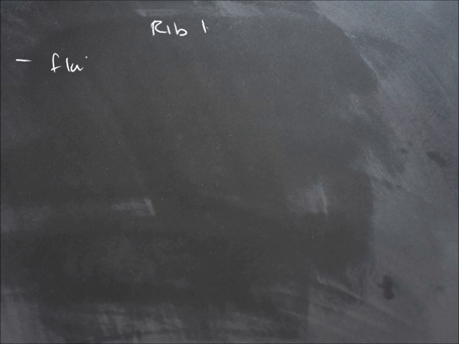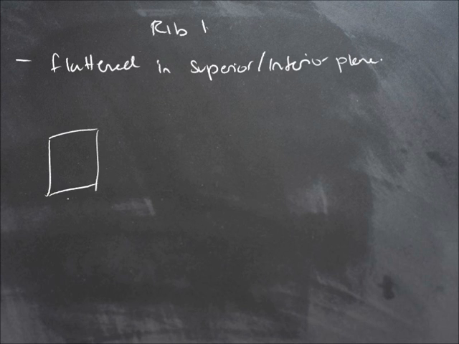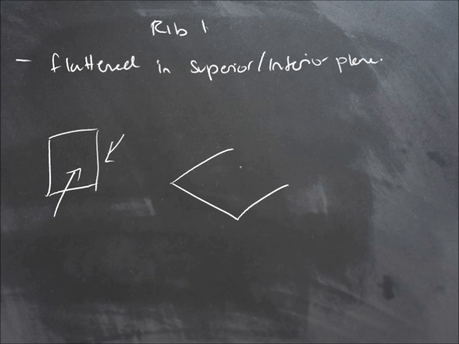This rib is flattened in the superior inferior plane. So whereas a typical rib is flattened this way, rib 1 is flattened this way.